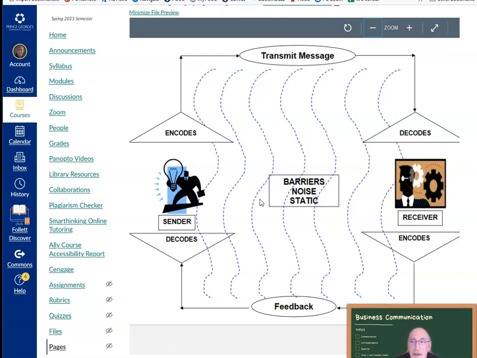Figure 2.1 in your textbook shows a variation of this diagram.